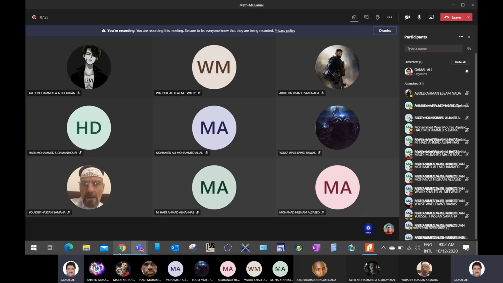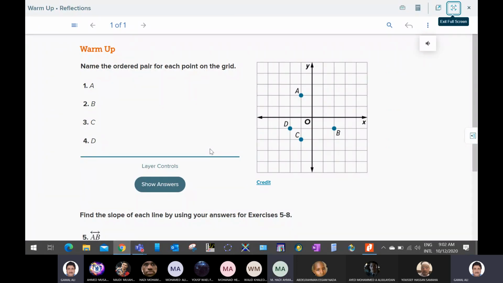Muhammad Hadi, what is the ordered pair of the point A? Negative 1, not minus. Negative 1 and 2.